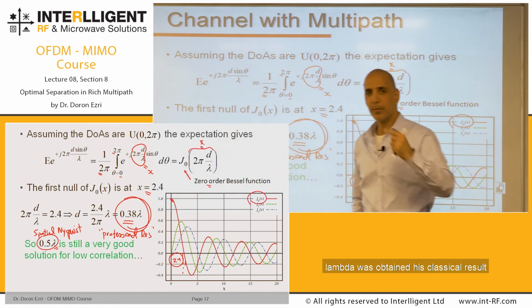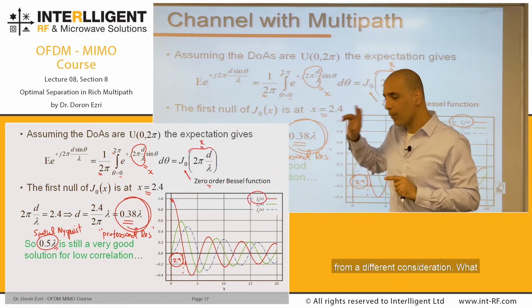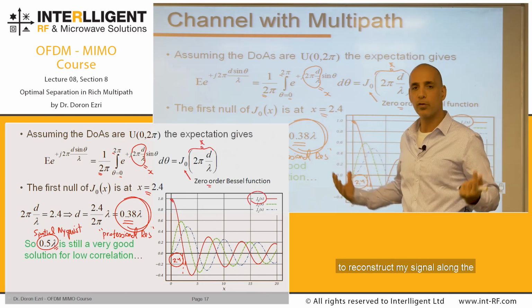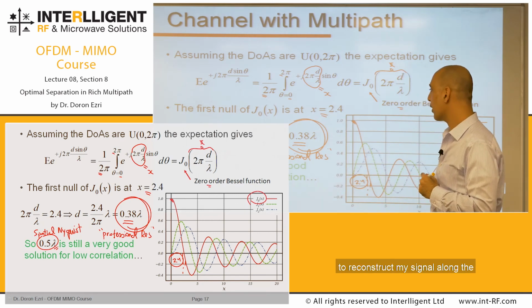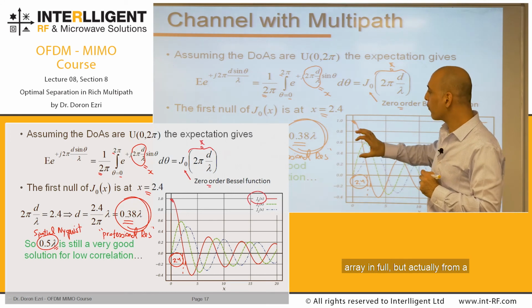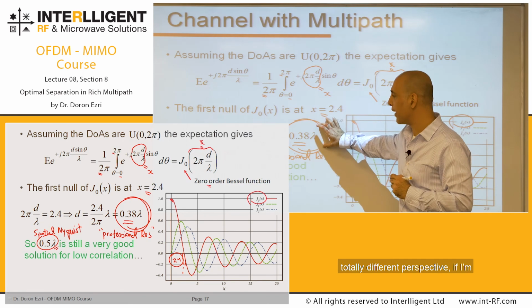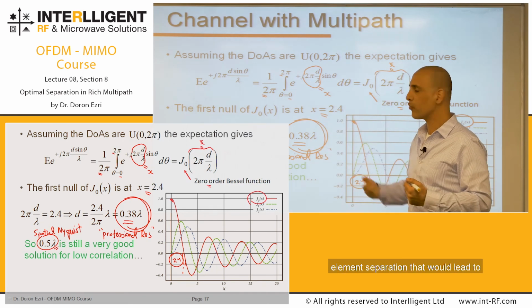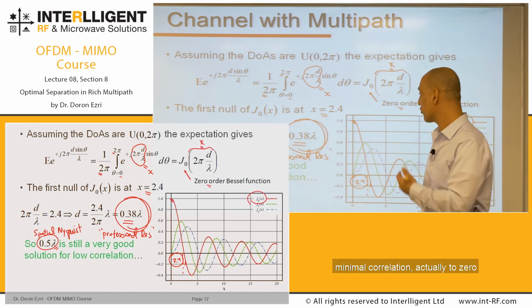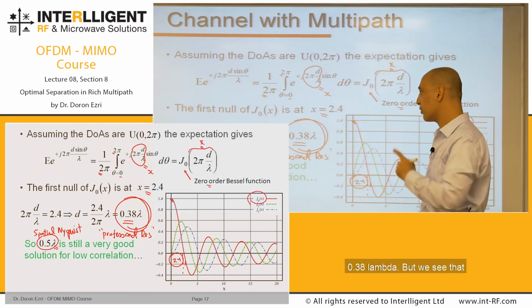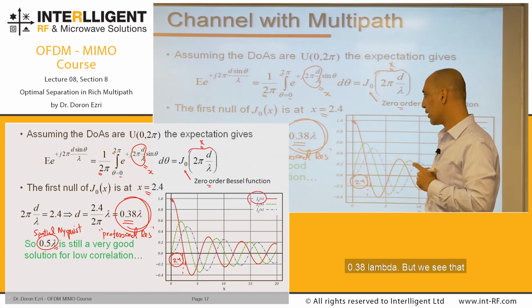Half lambda was obtained as a classical result from a different consideration: what spacing would allow me to reconstruct my signal along the array in full, from a totally different perspective. If I look at the inter-element separation that leads to minimal correlation, actually zero correlation, it is a similar result, 0.38 lambda.